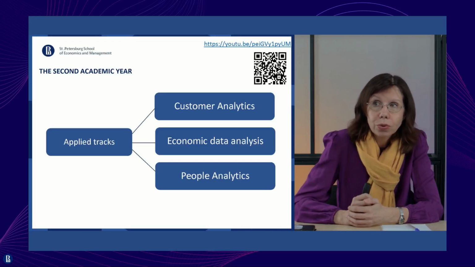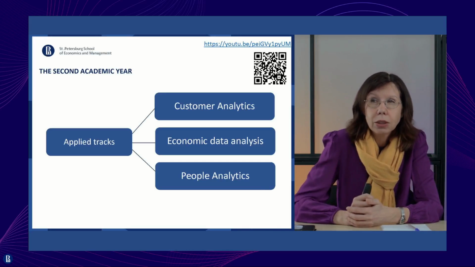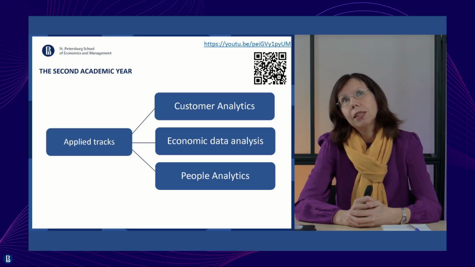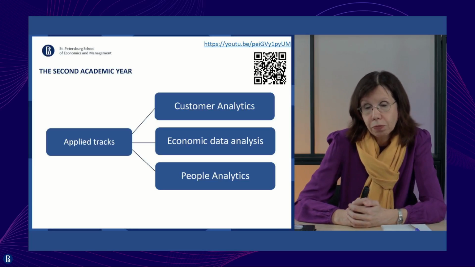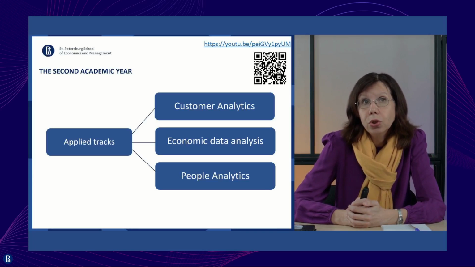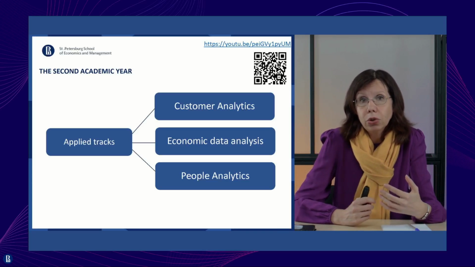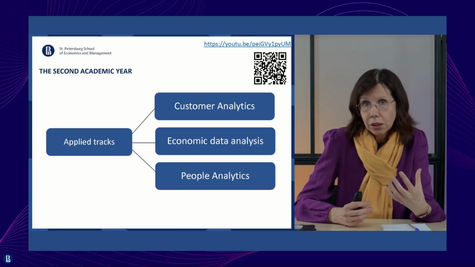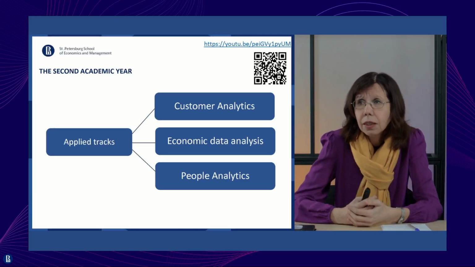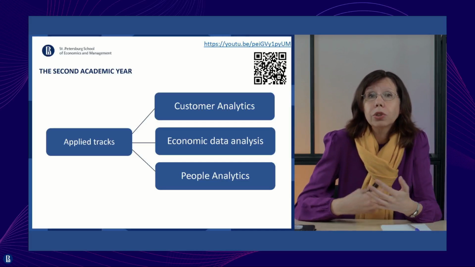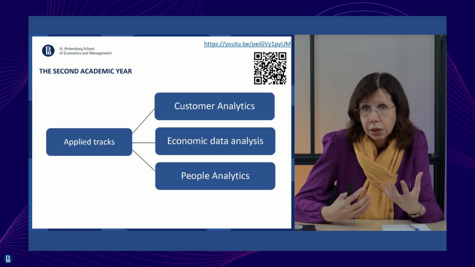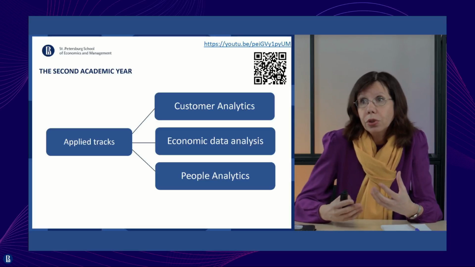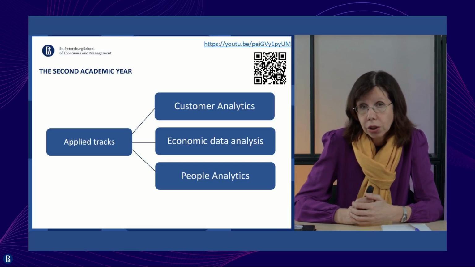If you follow the QR code that you can see on the slide, you can watch a video that we recorded for you. In this video, not only Pavel and I, but other teachers tell you more about the different peculiarities for each track.